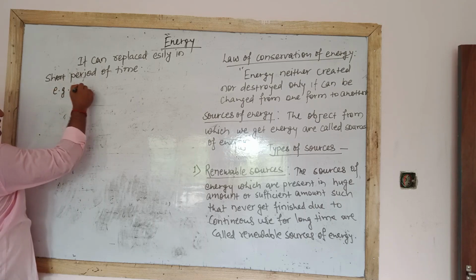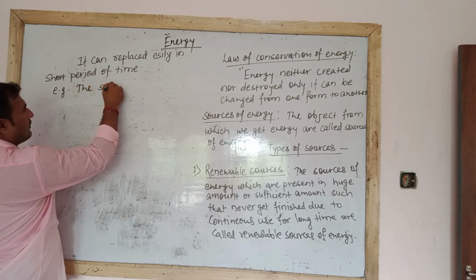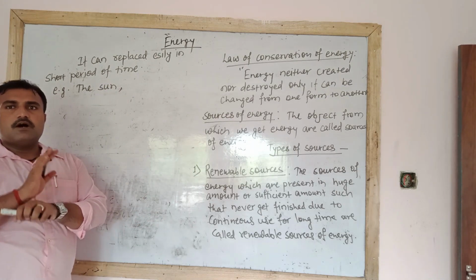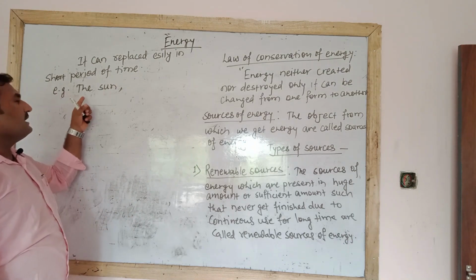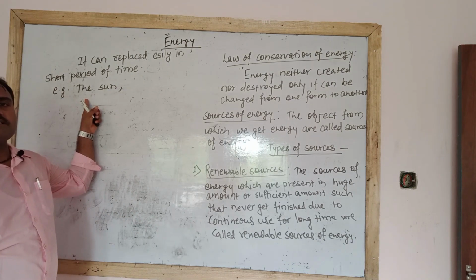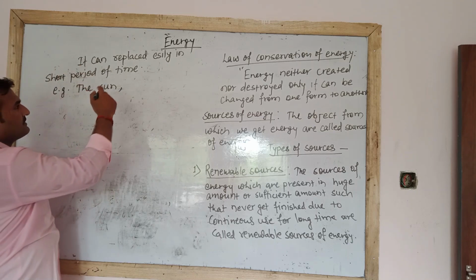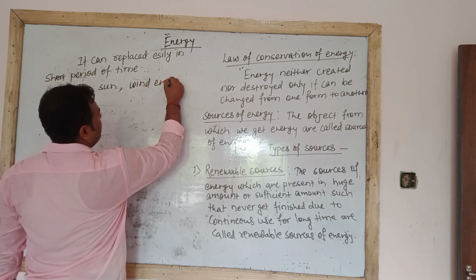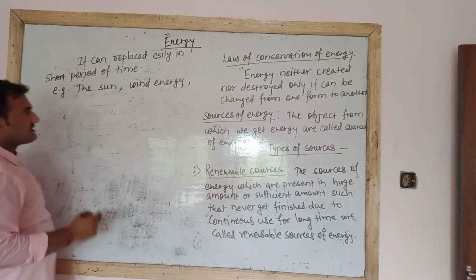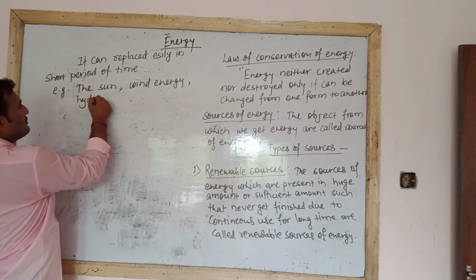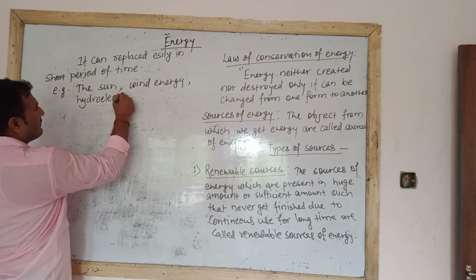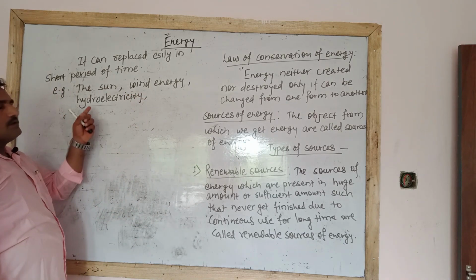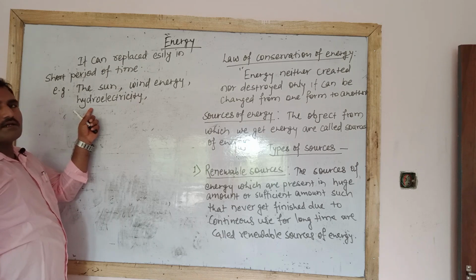For example, the sun or solar energy is an example of a renewable source of energy. The heat and light radiated by the sun never get finished. It is in unlimited amount. Wind energy never gets finished. Hydroelectricity can be generated from running water, and there is a huge source of running water in a river.